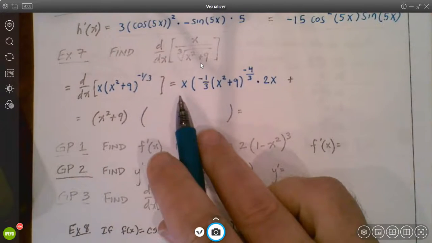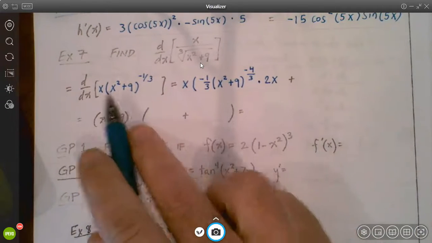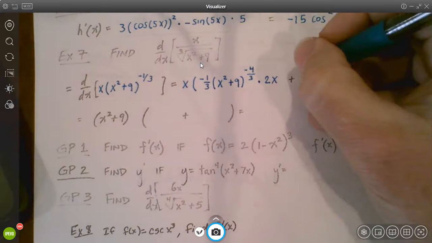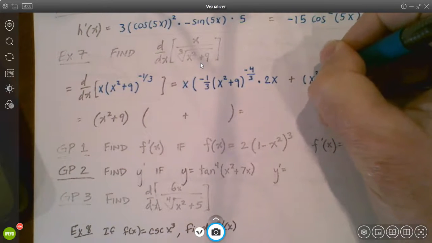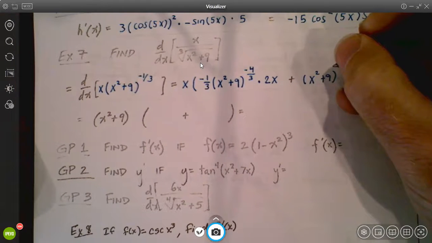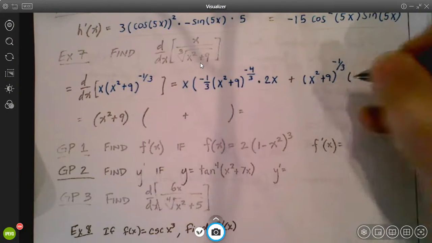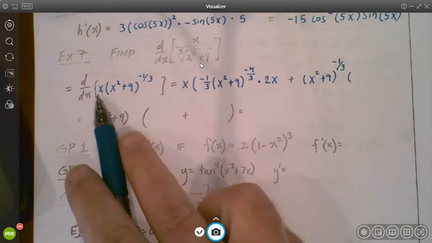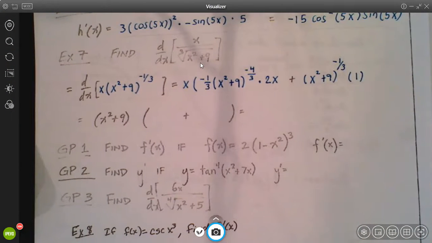So first times derivative of the second plus the second times derivative of the first. So the second, which is x squared plus 9 to the negative 1/3, times the derivative of the first. Well, the derivative of x is just 1, so we're going to write it to show that we considered it, but it's really not going to affect our answer.